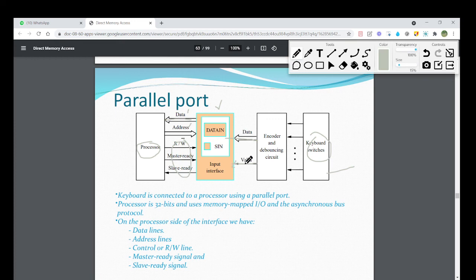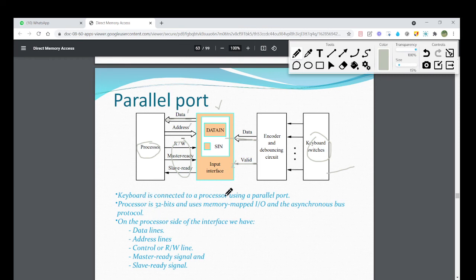Once everything is correct, the data is transmitted from this interface circuitry to the processor. That is how the data is transmitted from the keyboard to the processor. Since we are using a parallel port, the whole data is transferred from this circuitry to the processor at a time.